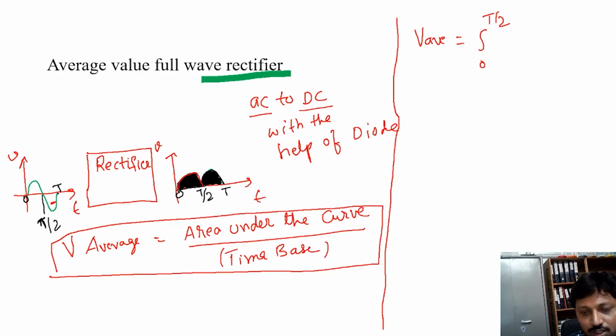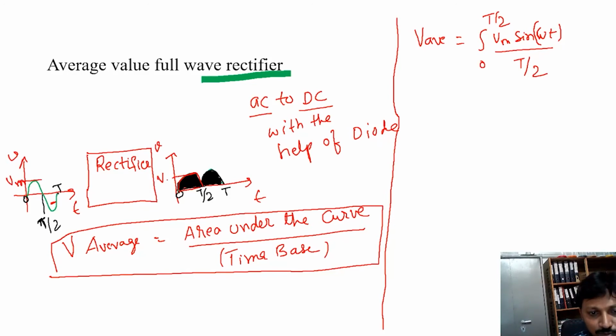The signal equation is Vm sine omega t, divided by the time period. The time period from here to here is T by 2. Vm is the maximum voltage.